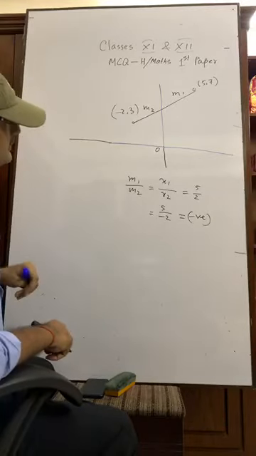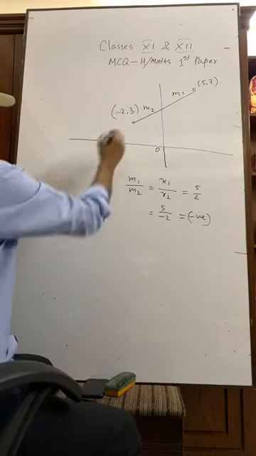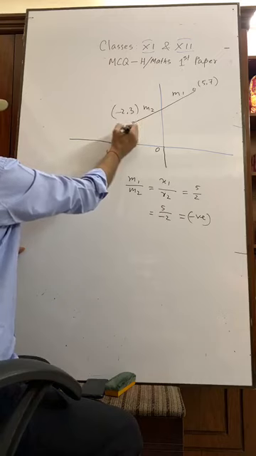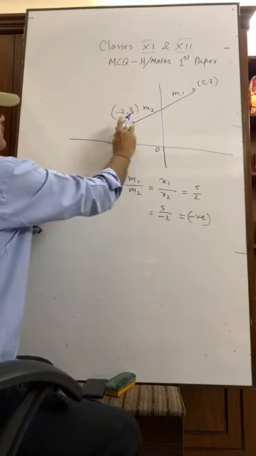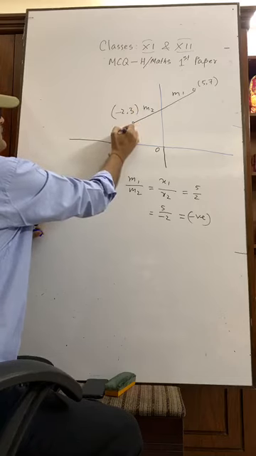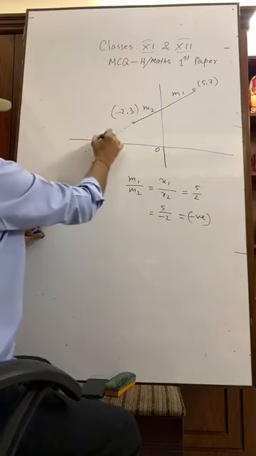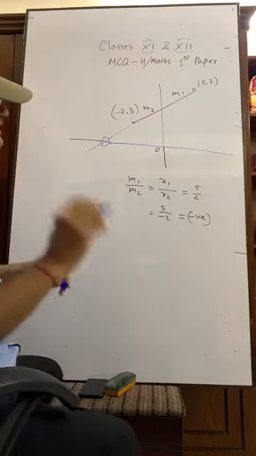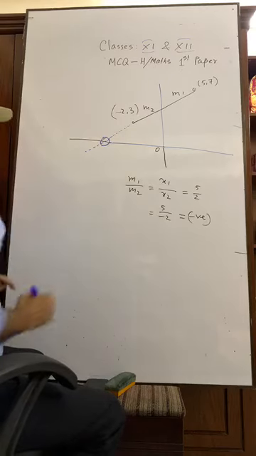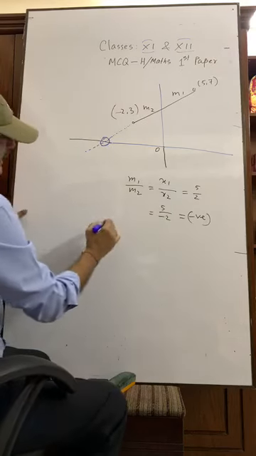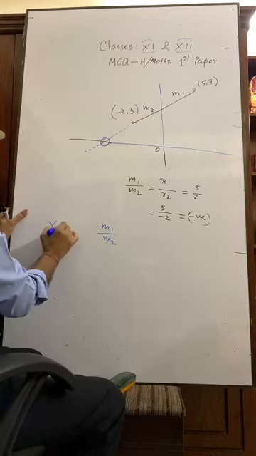But if I go for the x-axis, that means if this line is extended, then it intersects the x-axis at this point. So here what will the ratio be?